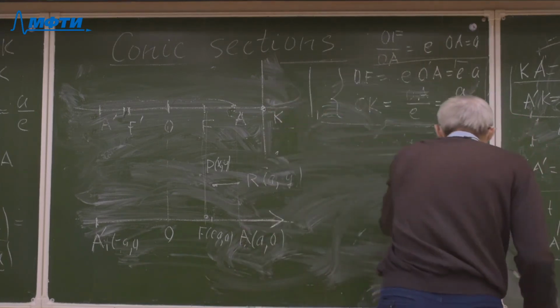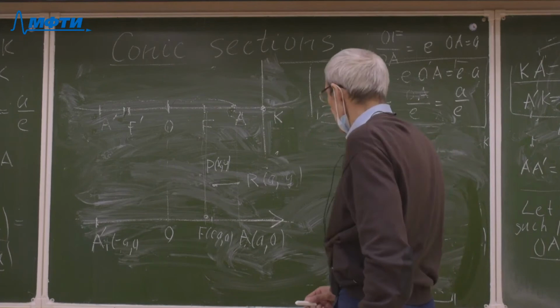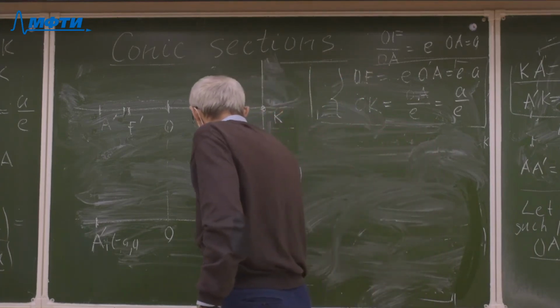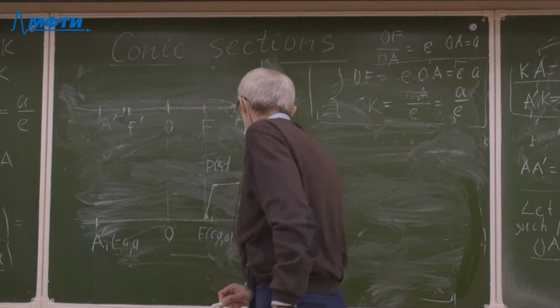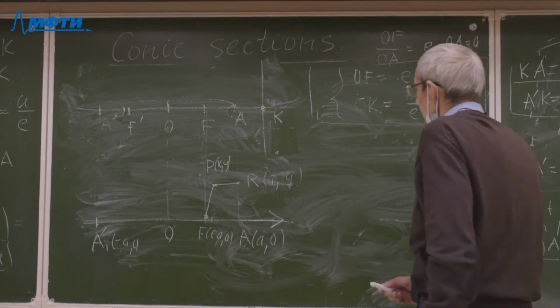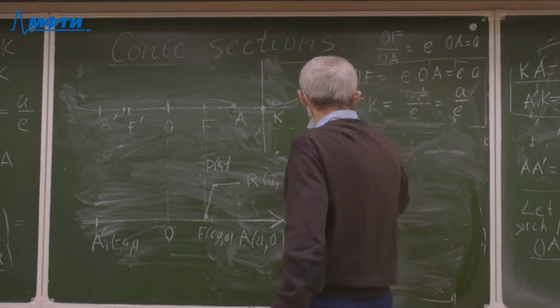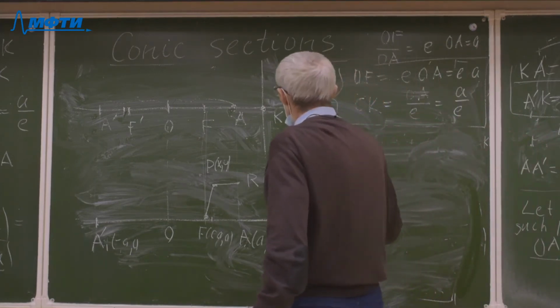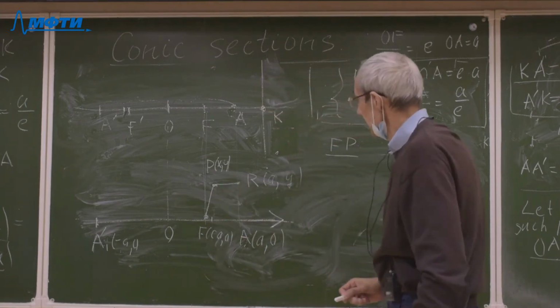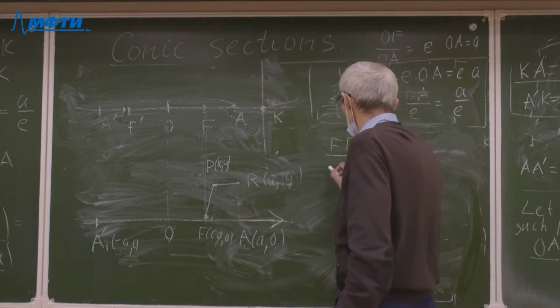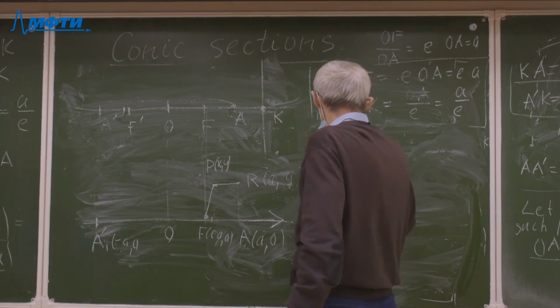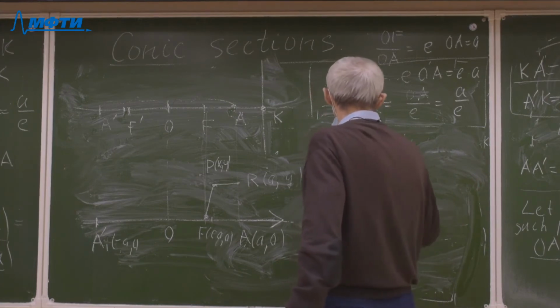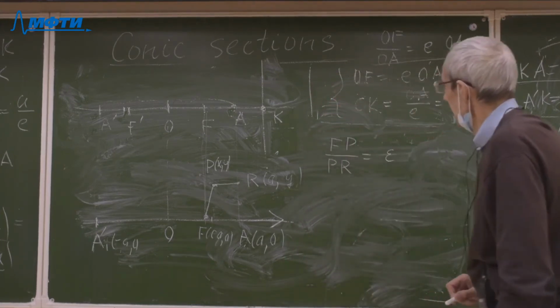And we have the following equality: the ratio of distances FP and PR is equal to epsilon.